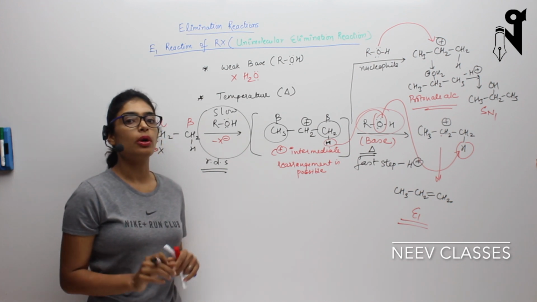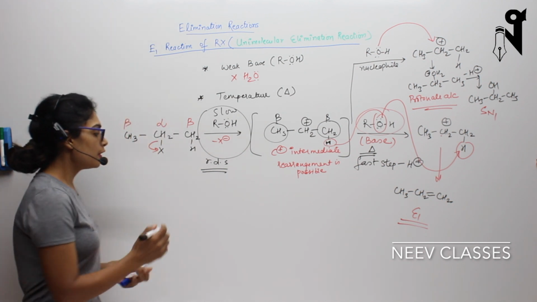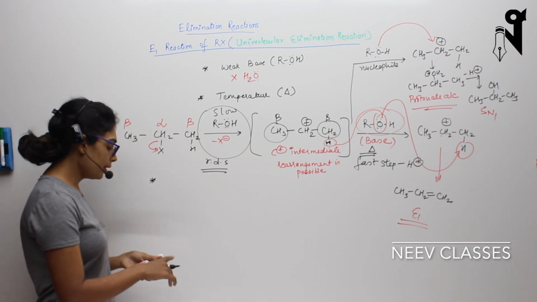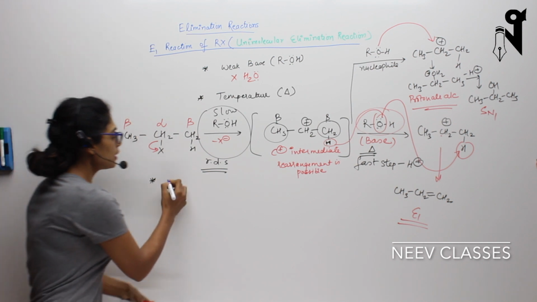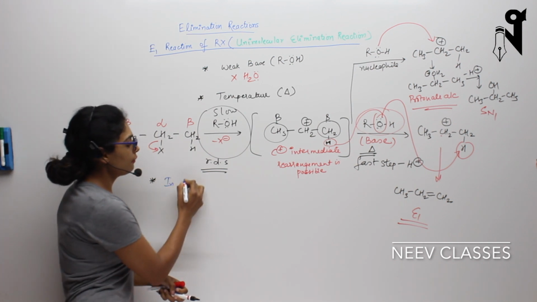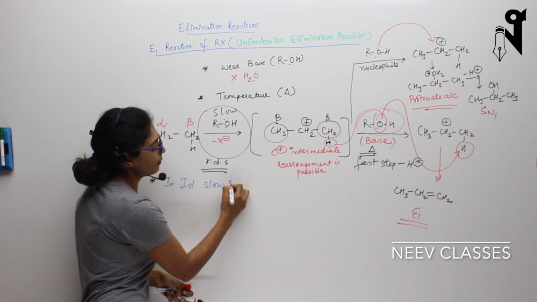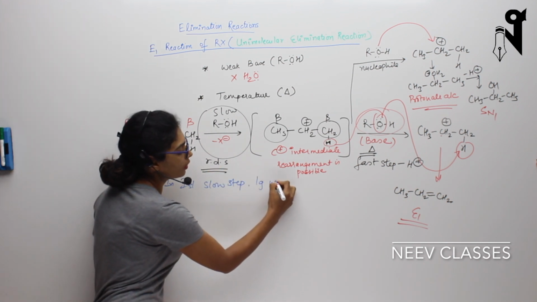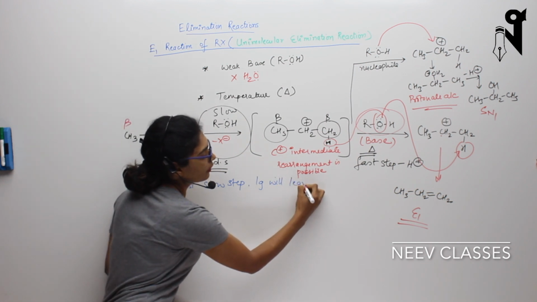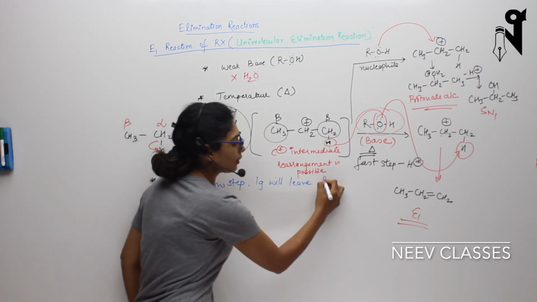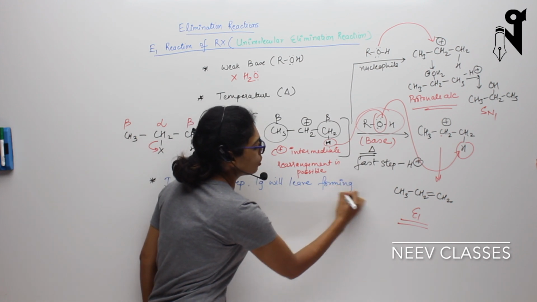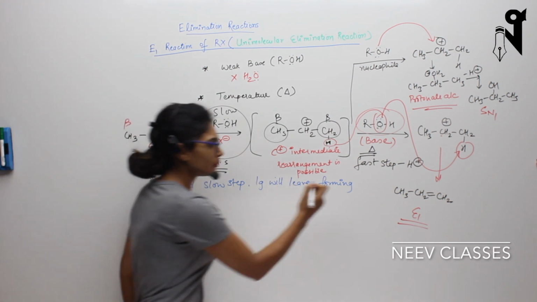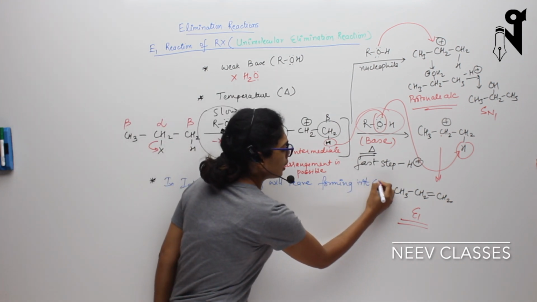So let's write down a few important key points of this reaction. First key point: in the first slow step, the leaving group will leave, forming an intermediate carbocation.